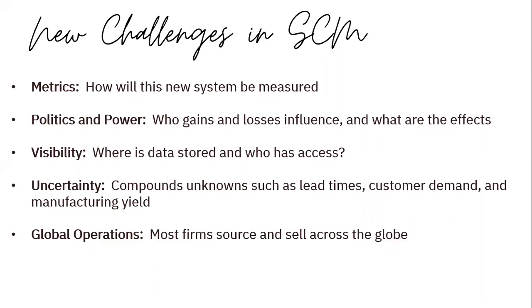There are so many parties involved in a supply chain. Sometimes you just have access to the party that you're dealing with, not the supplier of your supplier. But it's important for you to really have that access, right?